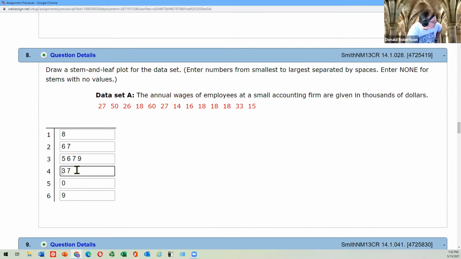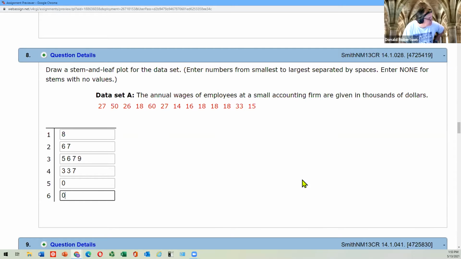So your stem and leaf has two features. One is the numbers are in order. And the second one is that every number gets represented by its second digit. So 60 gets represented down here like that.